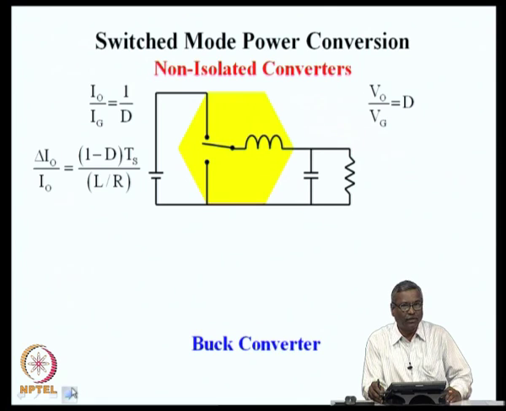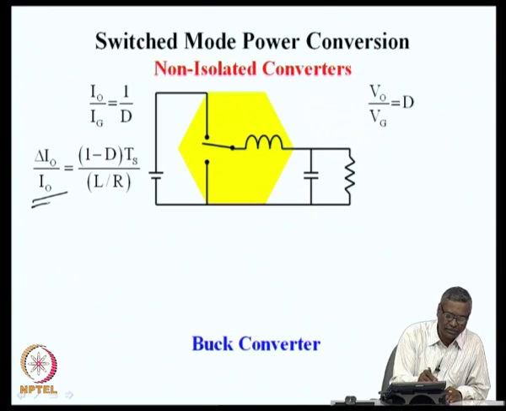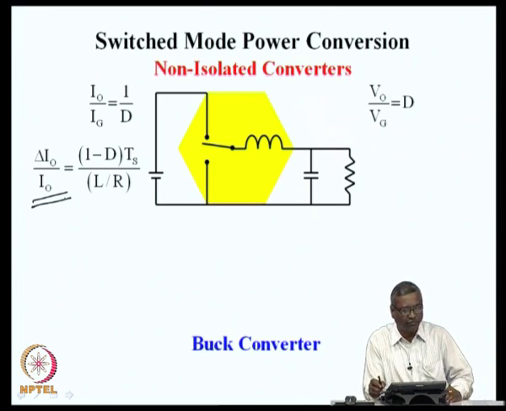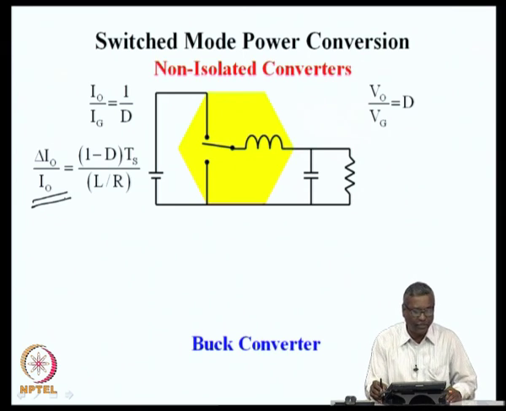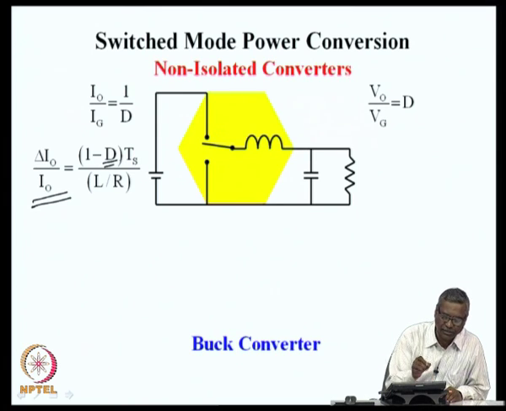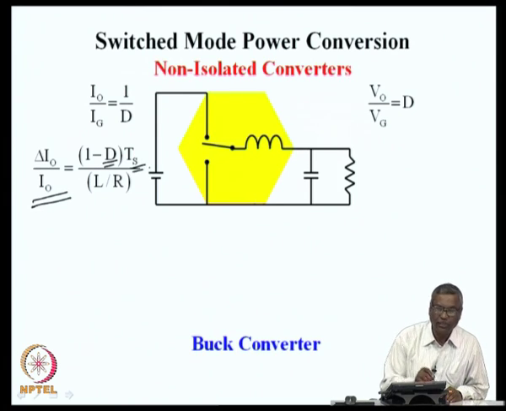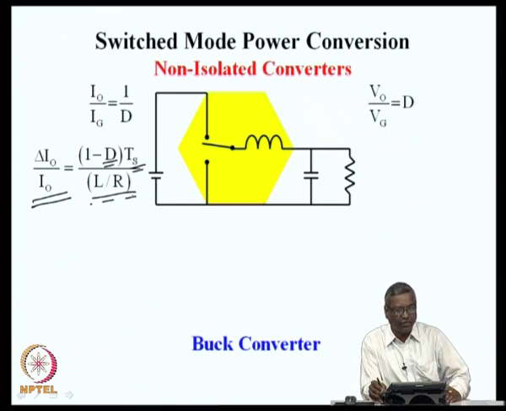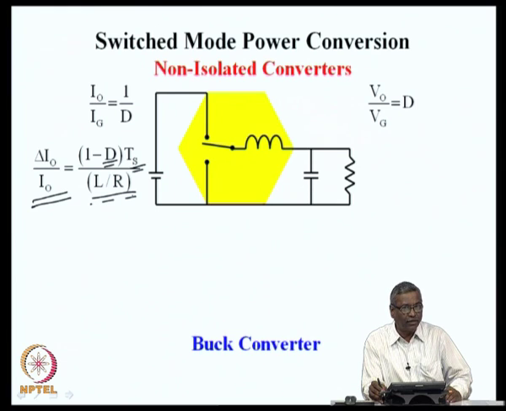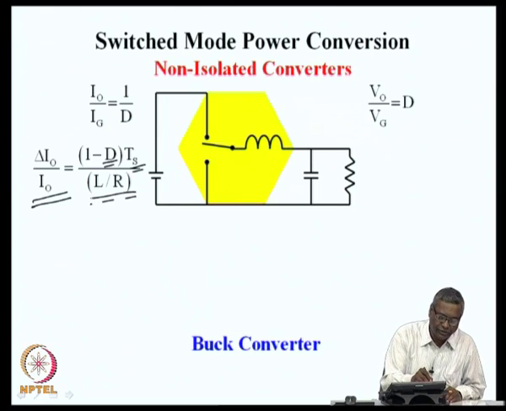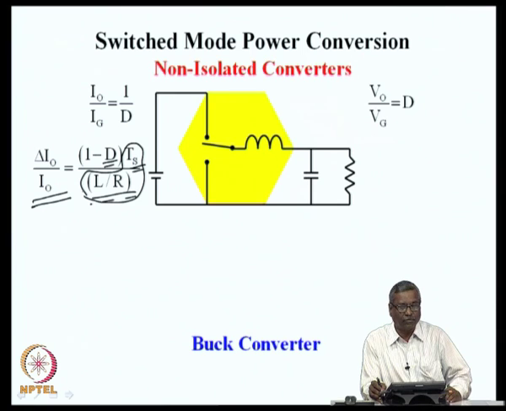It has a ripple, which is given here as delta I0 by I0, the ripple factor, and we had seen that this factor is a function of the operating duty ratio D, 1 minus D, the switching period Ts, and also the time constant of the converter L by R. And this non-ideal current ripple will be quite small if the ratio of switching period to the L by R is much less than 1. This non-ideality can be neglected.